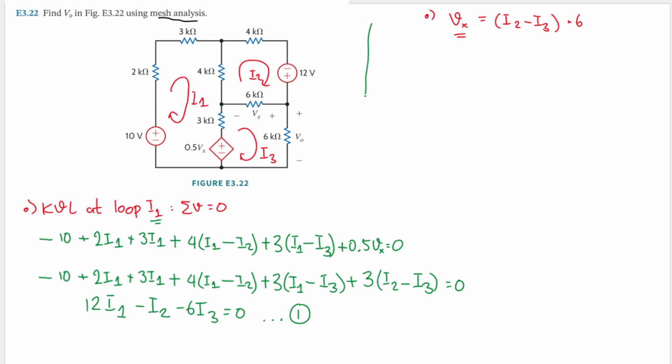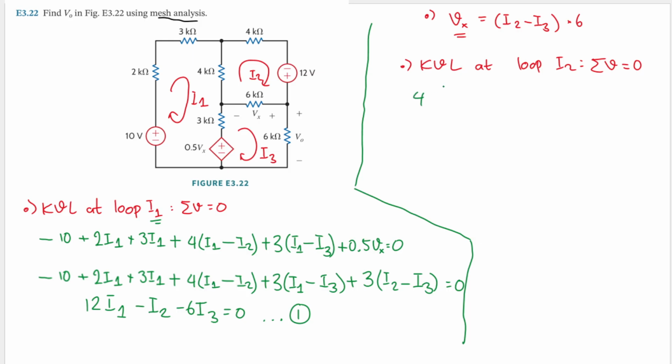What else can we do? We do another KVL, but this time at loop I2. KVL says that the sum of the voltages in a loop equals 0. Let's start from this 4 kilo ohm.